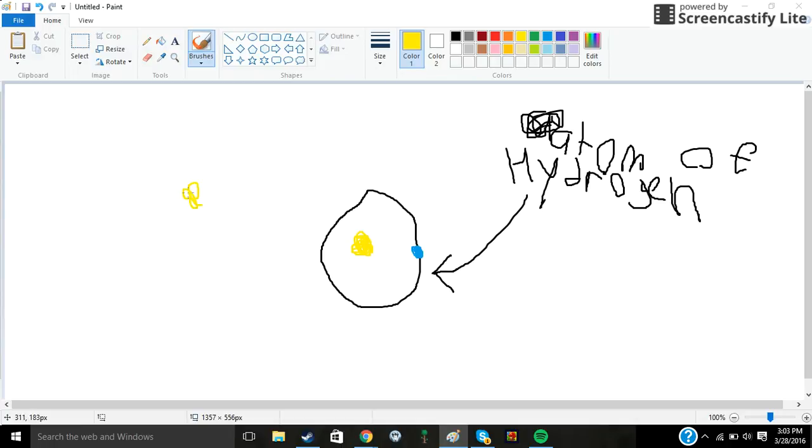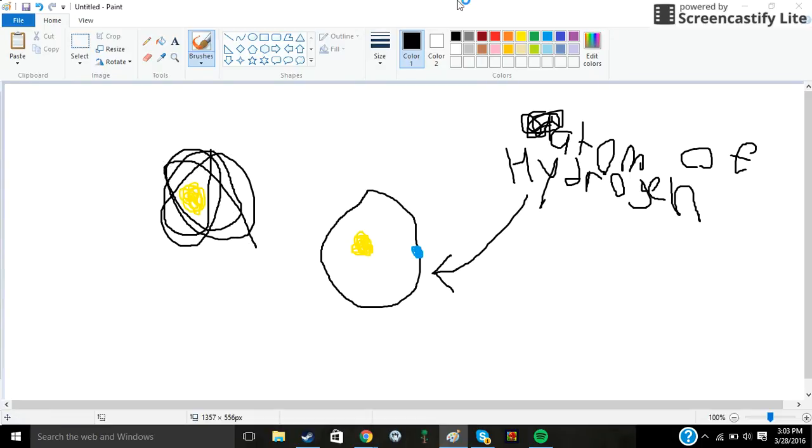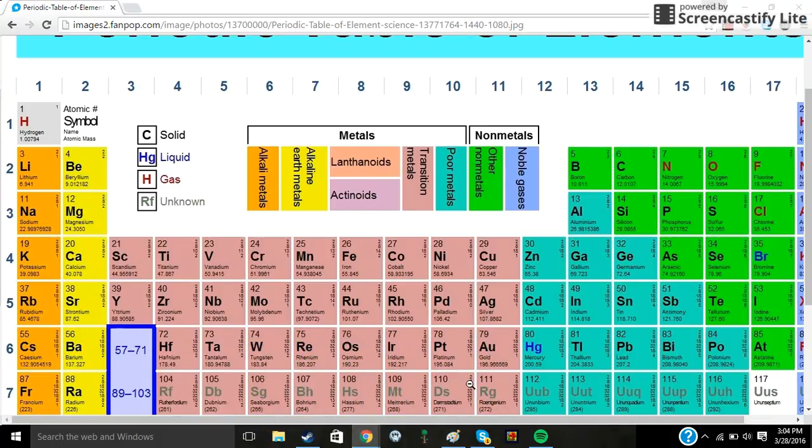If I do a more realistic version of this, this is a better orbit. There's a very complicated orbit for some of these, but some of them are easier to tell, such as this. This is just a less complicated version, easier to explain also. So, back to the periodic table picture.